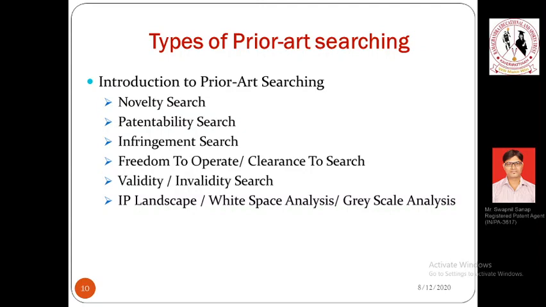Whenever you write an IEEE research paper, there is always a forward citation and backward citation. People who refer to your paper are called forward citation, whereas people whose papers you have referred to are called backward citation. Similarly, in patents also there is forward and backward citation.